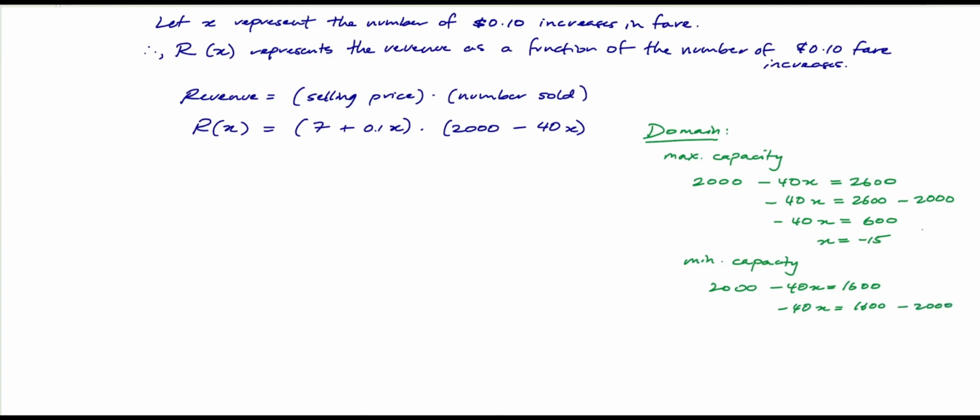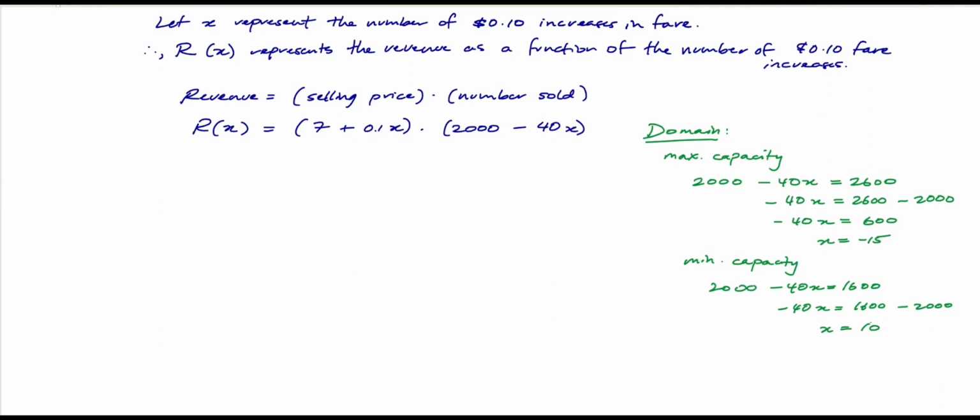I'm going to skip some steps here because I know you know how to isolate this. And I get x is equal to 10. So that means if I raise the price 10 times at 10-cent increments each, then I am going to have the minimum number of people riding. I'm going to have a high selling price, but I won't have as many people riding.